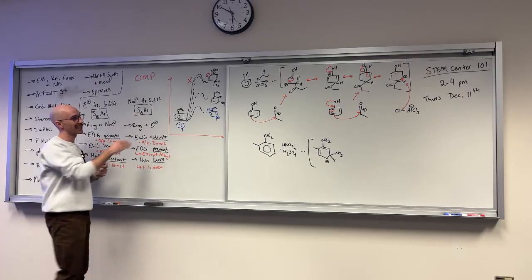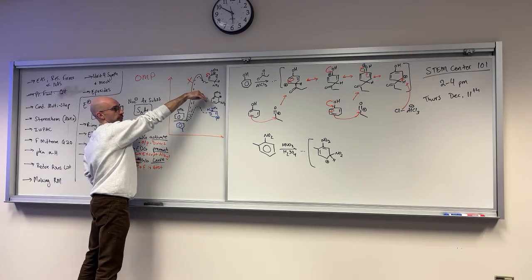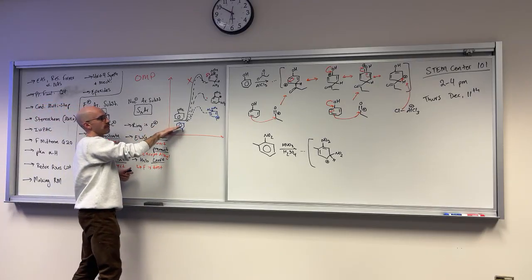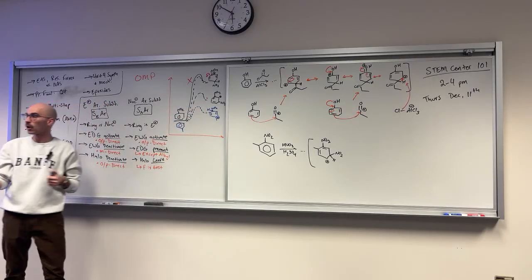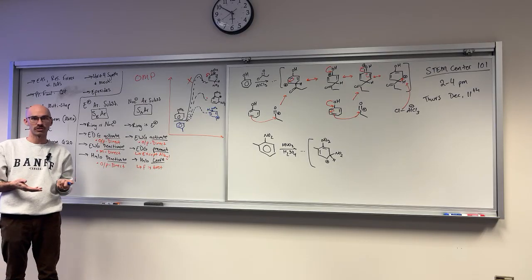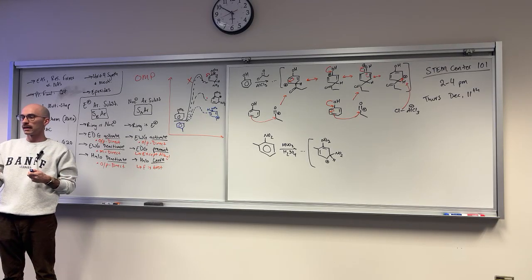So you're asking, should I have nitro direct and go to this high energy intermediate, or should I have methyl direct and go to this low energy intermediate? What will happen? It will go to the lowest energy intermediate.